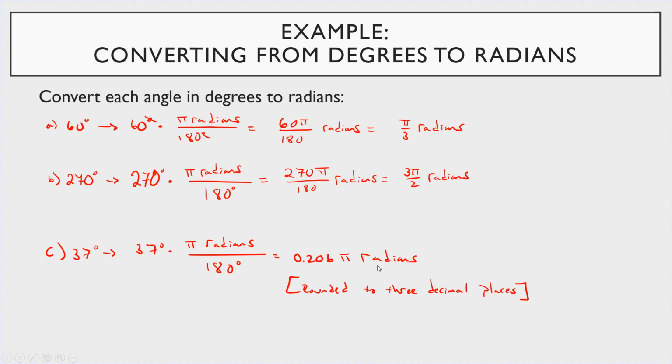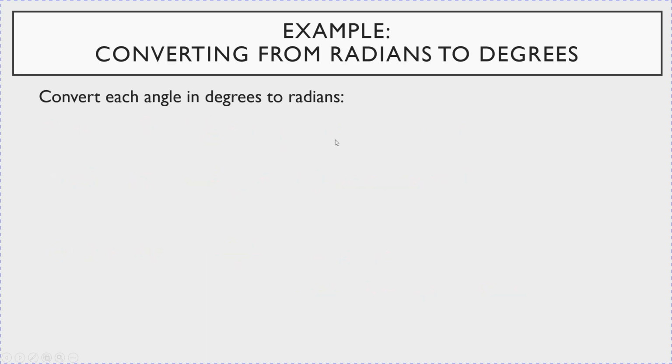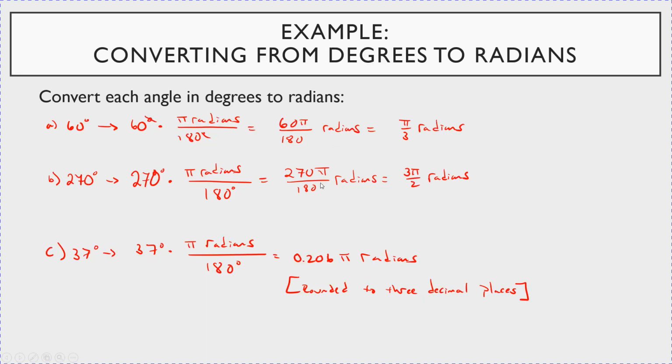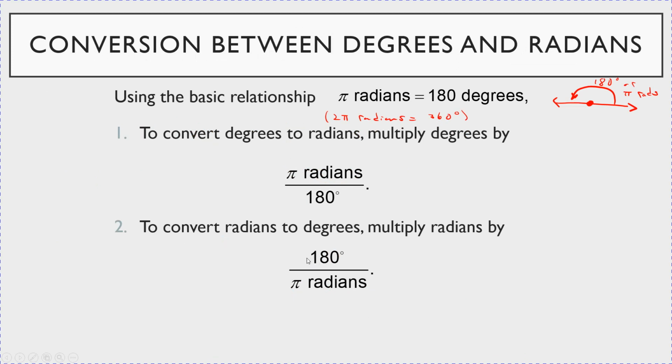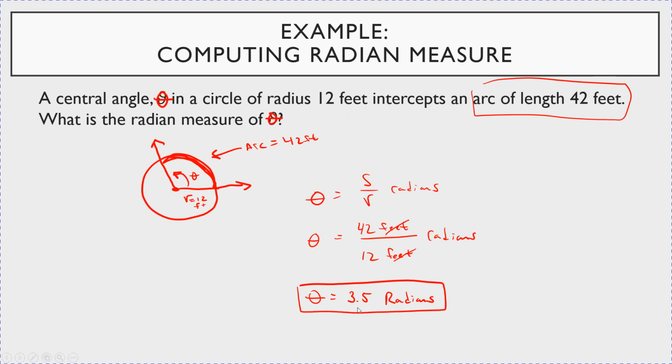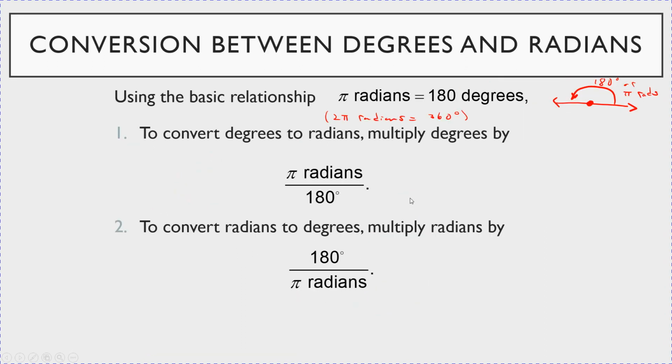Okay, so we're doing it. Now let's go radians to degrees. Okay, so the trick with radians to degrees is you're going to flip it. You're going to multiply by 180 degrees over pi radians. So like, let's go back. Let's figure out what 3.5 radians was, okay, in terms of degrees.